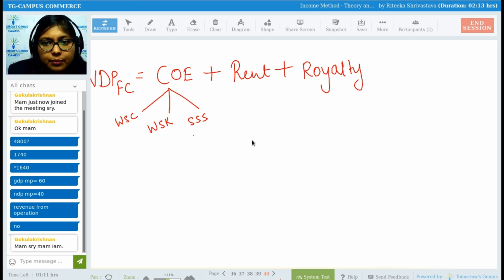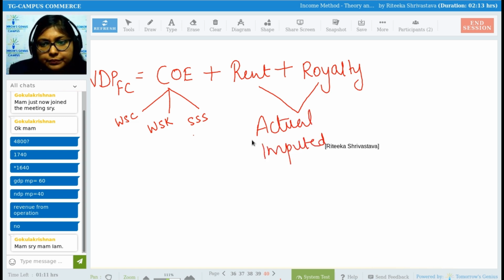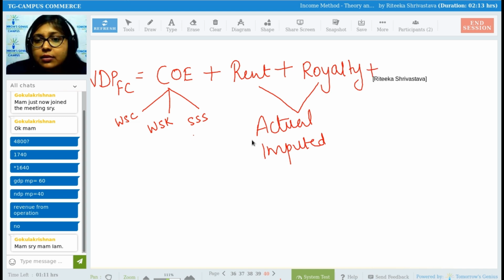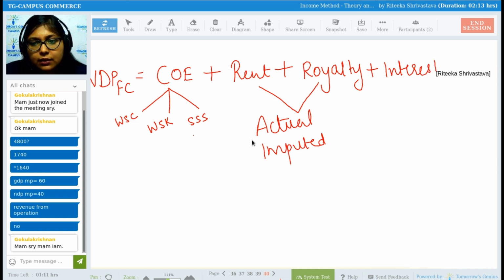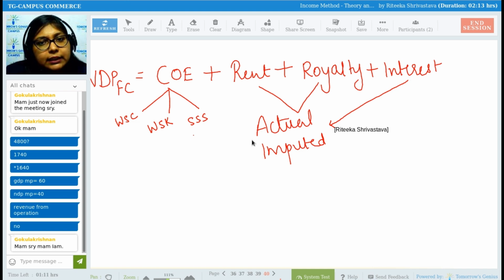Under rent and royalty we include both actual rent and royalty plus imputed rent and royalty. Plus next was interest, where we again include both actual interest plus imputed interest.